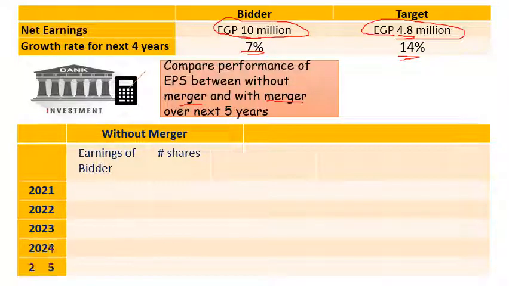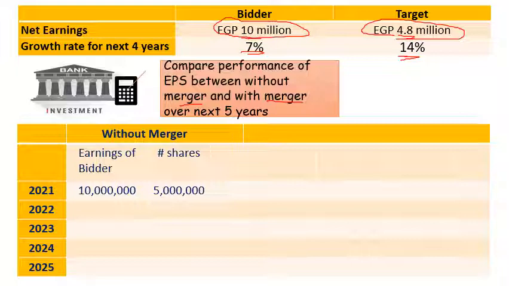Over the next 5 years, earnings of the bidder is expected to be 10 million at the end of the current year, which is 2021, and the number of shares is 5 million shares without issuing new shares.